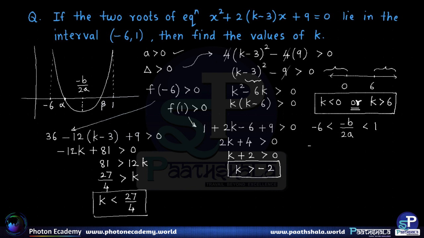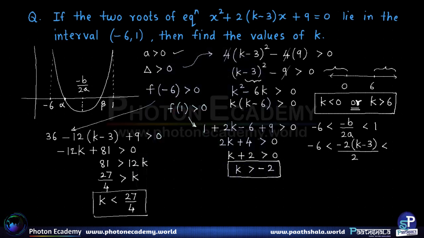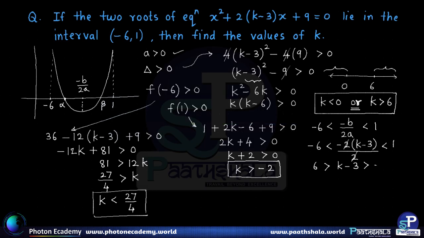So we have minus 6 is less than minus of 2 into k minus 3 whole upon 2, because a is 1, is less than 1. So 2 is cancelled, and multiplying throughout by minus, we have 6 greater than k minus 3, which is greater than minus 1.